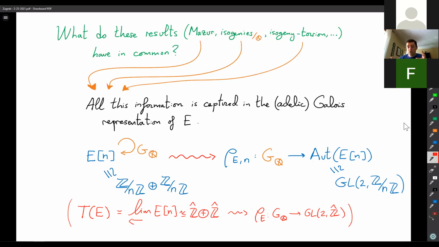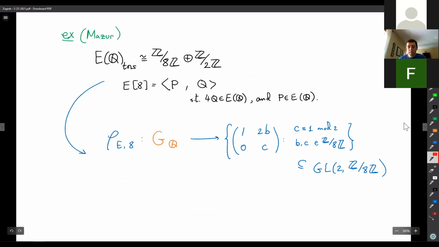Let's see what it already tells you about all these examples that we've given you. For example, if you're thinking about Mazur's theorem, and you're looking for elliptic curves with torsion subgroup Z mod 8 cross Z mod 2, what that means is that there is a basis of the 8 torsion such that there's a point P of order 8 defined over Q, and a point Q of order 8, such that 4 times Q is rational.